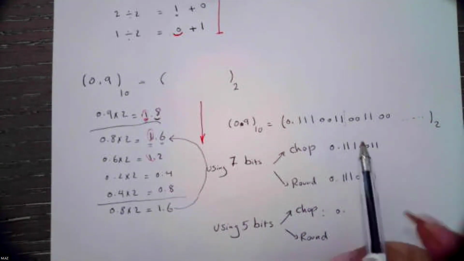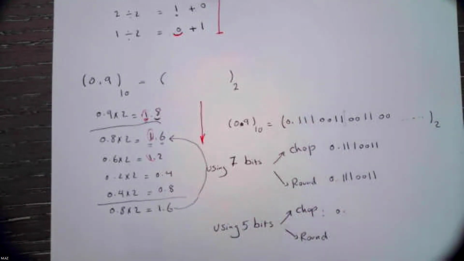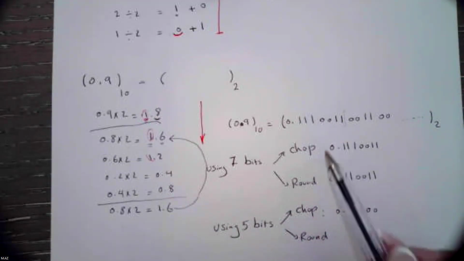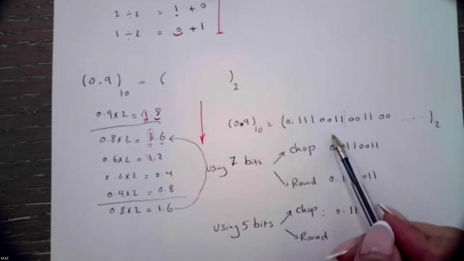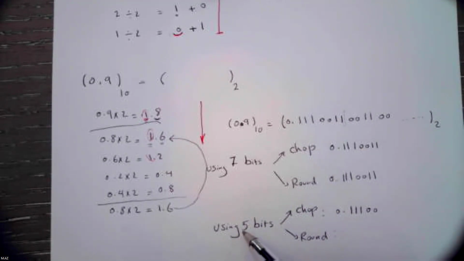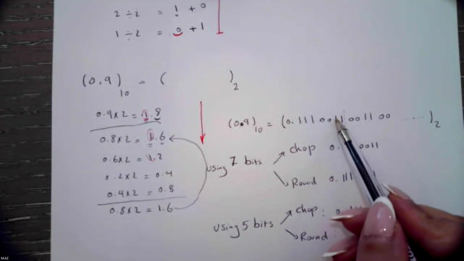For the chop, 1, 2, 3, 4, 5, okay? And just chop. 1, 1, 1, 0, 0. But how about the round? We learned that when we are doing the rounding, we have to look at the number after the 5 bits. What is the number after the 5 bits?